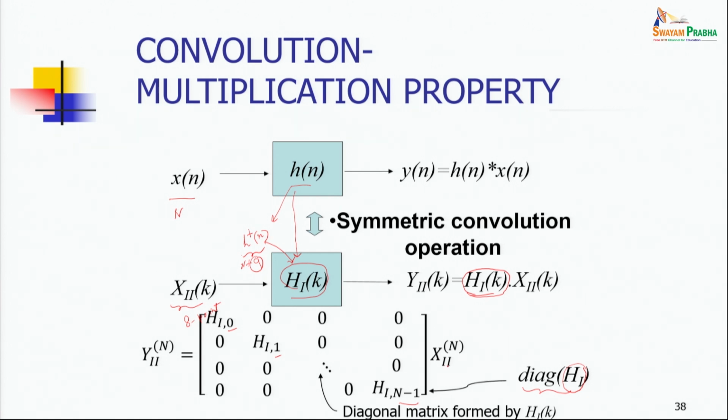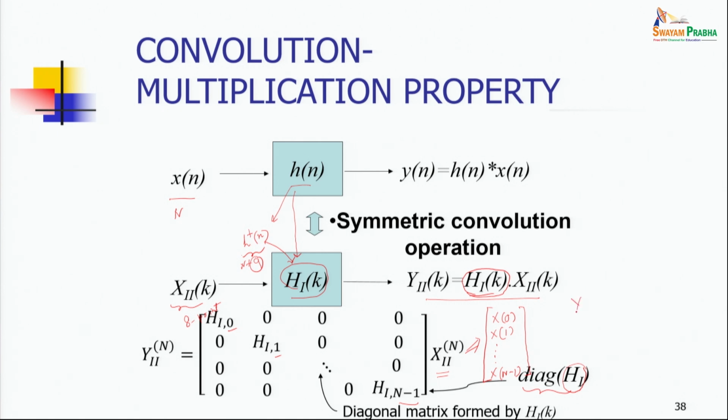We can easily show that this operation is equivalent to these operations. Let me explain a little more. Suppose I expand this DCT block in the form of a column vector, ignoring subscripts and superscripts for convenience of representation, from x0 to xn minus 1.